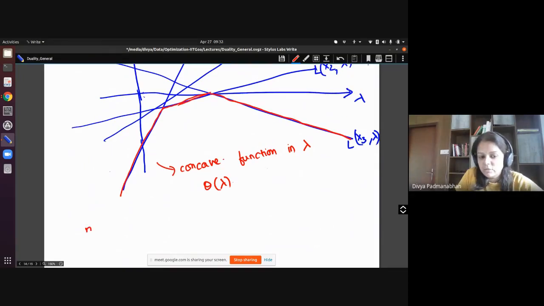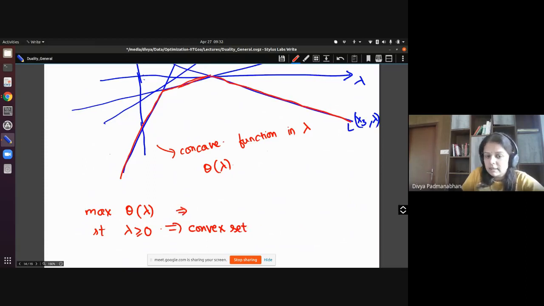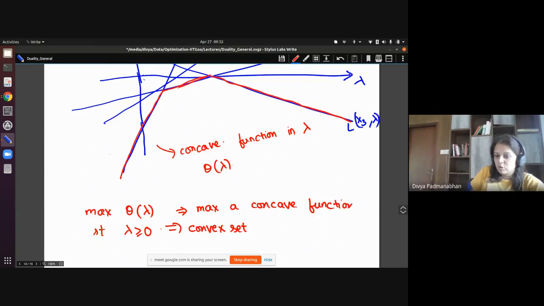And when you're trying to maximize this function, it's a maximization of a concave function subject to lambda greater than or equal to 0. So this set is convex. And what you're trying to maximize is a concave function. Okay, so this is actually a convex optimization problem.